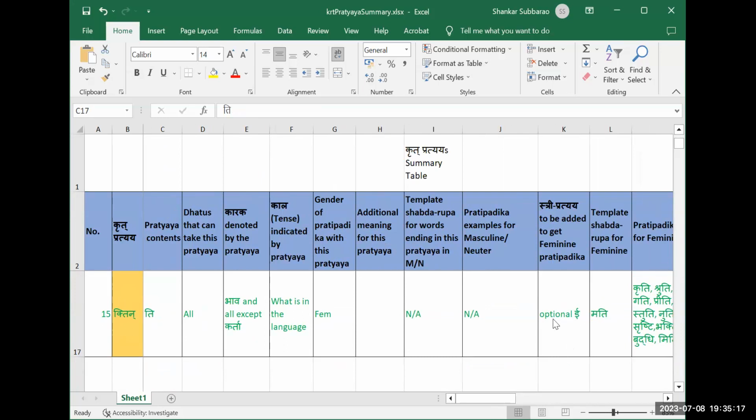And optionally, you can add an e to it and make it long ending also. That's a possibility. That clear? Anything else? Yes, Deepti. Swamiji, just wanted to know, this tin pratyaya, does it come under the category of stri pratyaya? No. See, stri pratyaya is a pratyaya which is added to a masculine pratipadikam to just make it feminine.